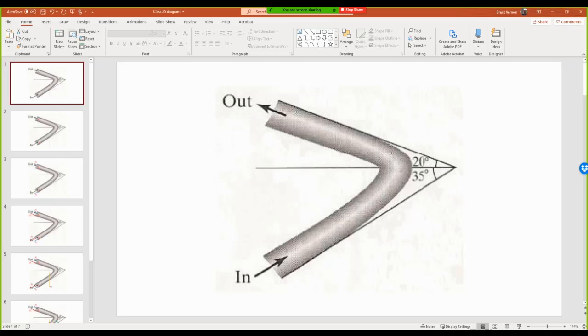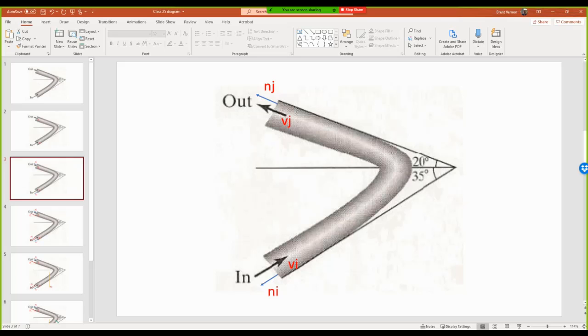So let's add some of the important information or labels that we need to add here. First, I'm going to label the velocity in here, and this will be the velocity out. And then we need to identify normal unit vectors for the in and the out.